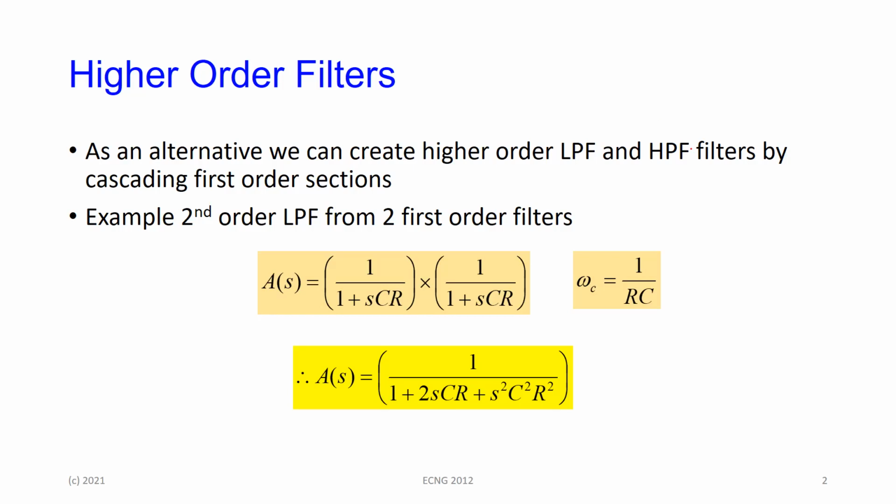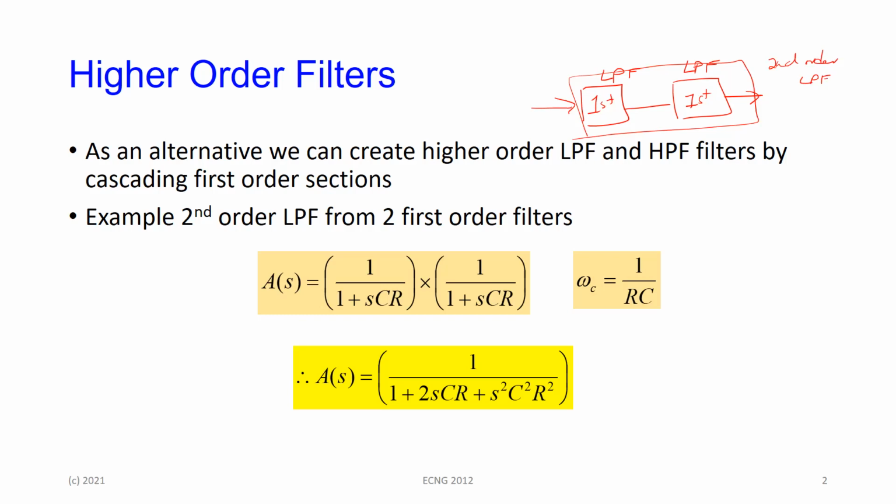So in other words, you take one first order section, cascade it with a second first order section, right? So this is a low pass, this is a low pass here. And the net result is that this creates your second order low pass filter. And let's have a look at that.